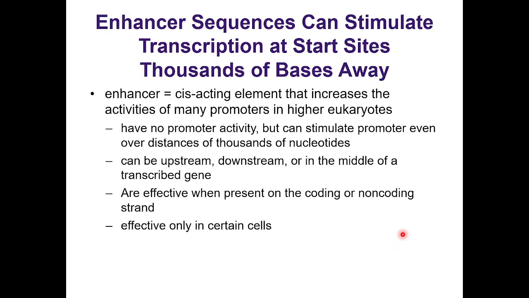Okay. The enhancer, this is going to be the cis-acting element. This is going to increase the activity of many of the promoters in the higher eukaryotes. We have no promoter activity but can stimulate promoter even over distances of thousands of nucleotides.